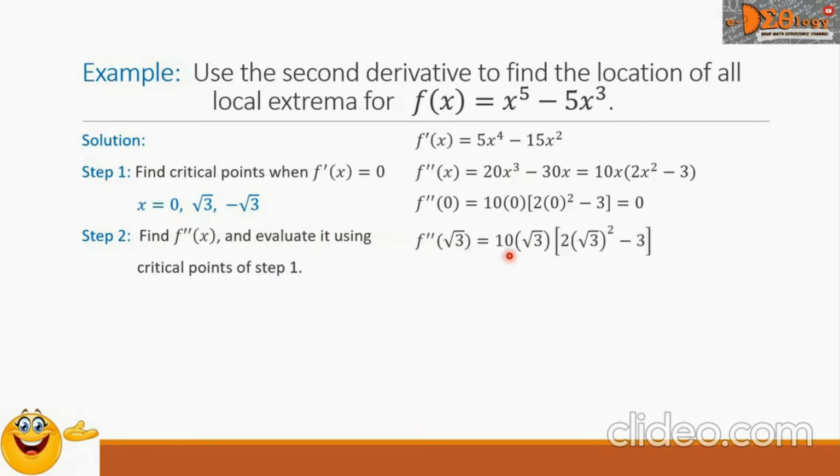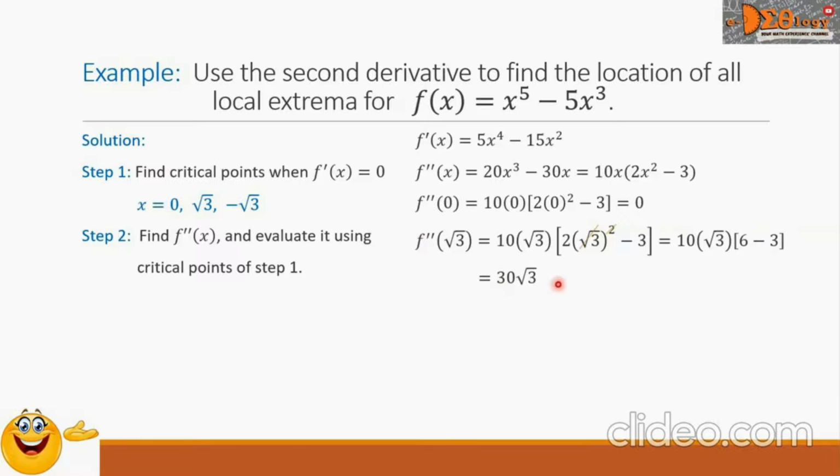We can simplify the radical and the power 2, so the 3 comes out as positive 3 to be multiplied by 2. So we have 6 minus 3. The difference will be 3, and that 3 will be multiplied by 10. So f double prime of square root of 3 is equal to 30 square root of 3.